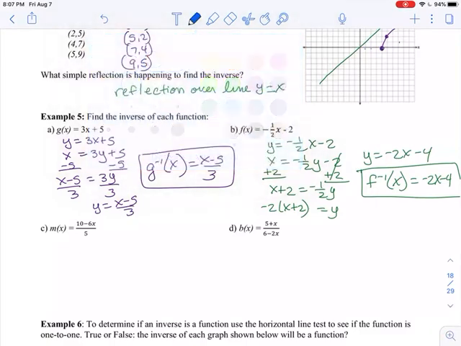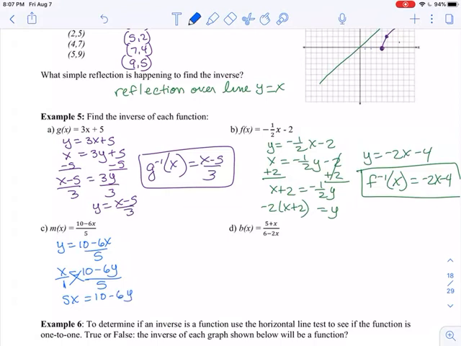We'll try C. So C, again, y equals (10 minus 6x) over 5. I'm going to switch the x and the y. I'm going to get y by itself. So I'm going to actually just put a 1 here, and I'm going to cross multiply. So 5 times x is 5x, and 1 times 10 minus 6y is just 10 minus 6y.